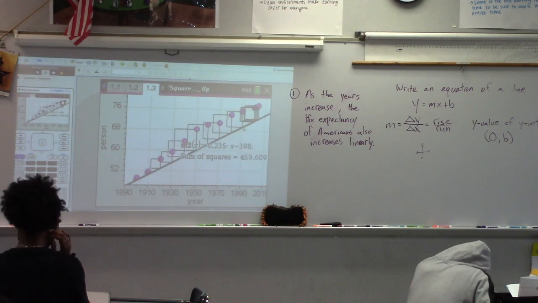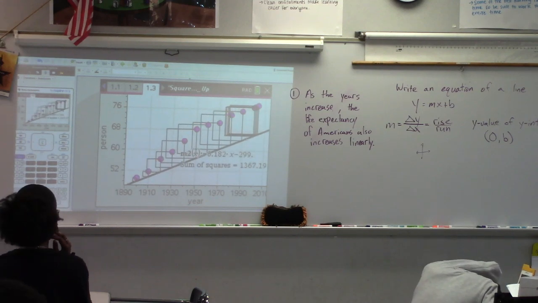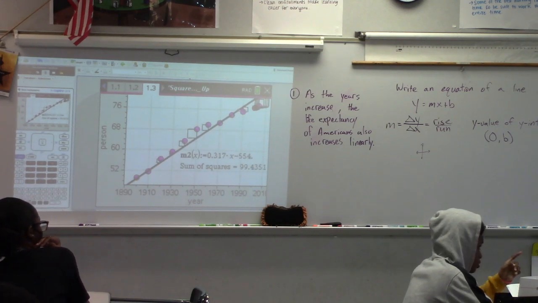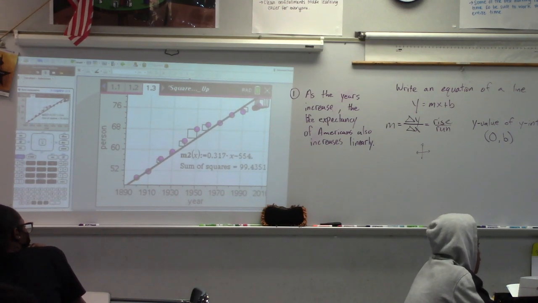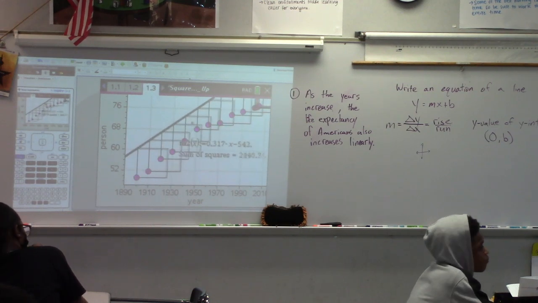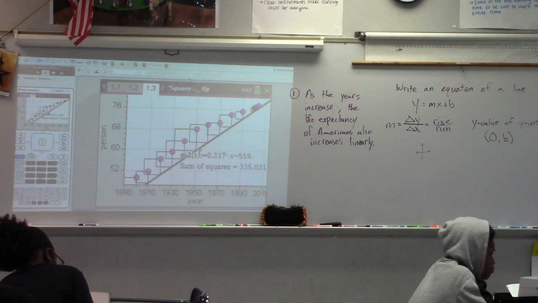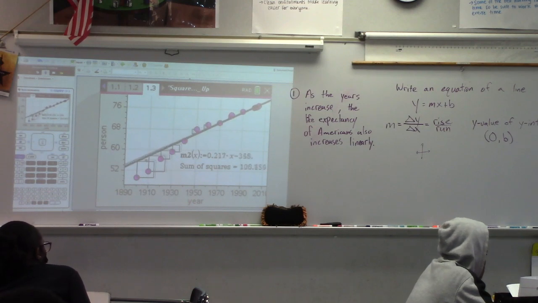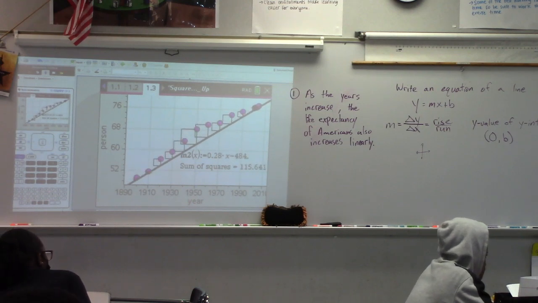What's changing? The slope. The slope is changing, right? I'm changing the slope of that line. So when I'm in the center, it's moving the line up and down, and when I go to one of the ends, it's going to rotate it. Okay?